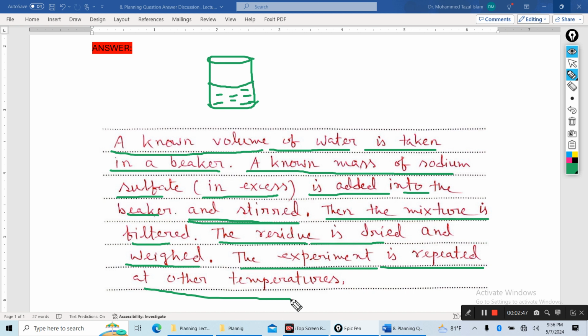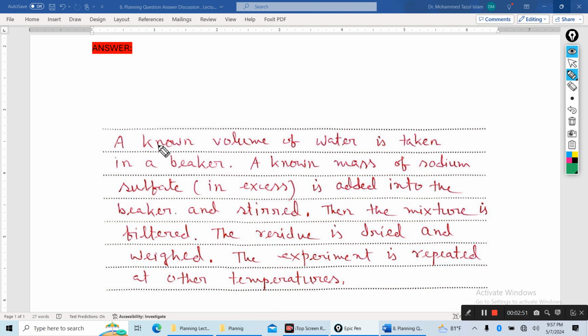This is the planning procedure. At first, a known volume of water is taken in a beaker. Known volume means 50 centimeter cube or 100 centimeter cube is taken in a beaker.